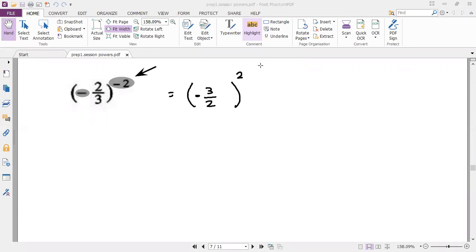What did I do? I just exchanged the places of the numerator and denominator. I replaced the numerator with the denominator and the denominator with the numerator and changed the sign of the power. We have an even power here. An even power cancels the negative. So it will be 3 over 2 all raised to the power of 2, which is 9 over 4.